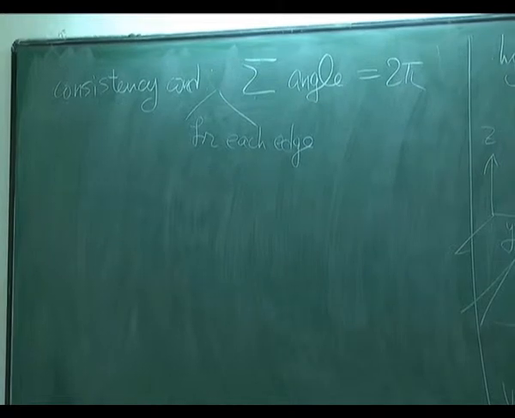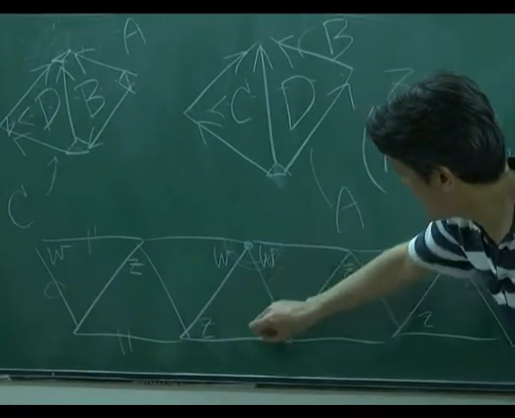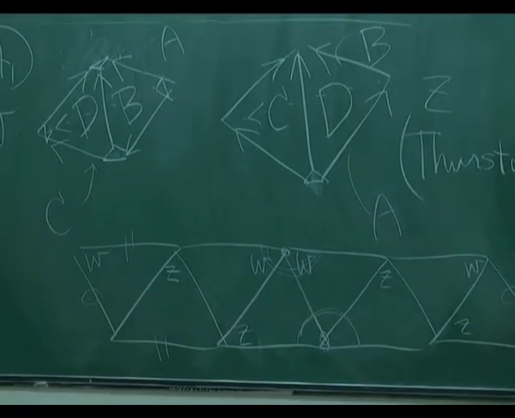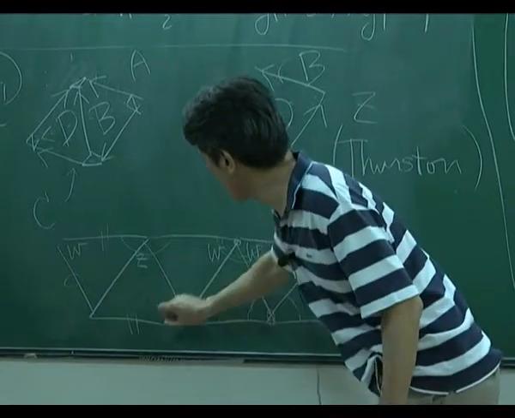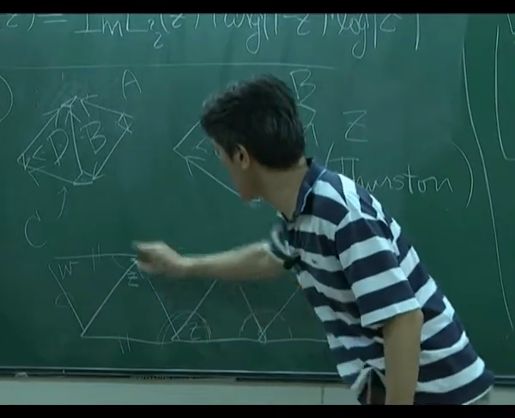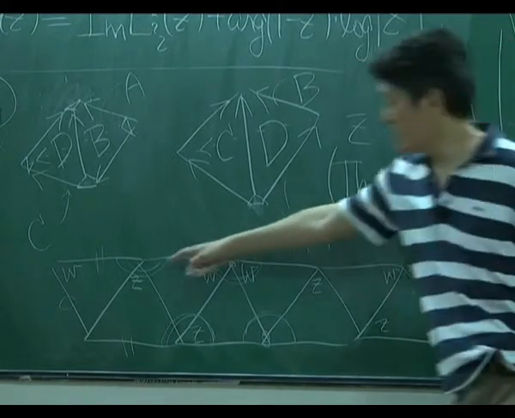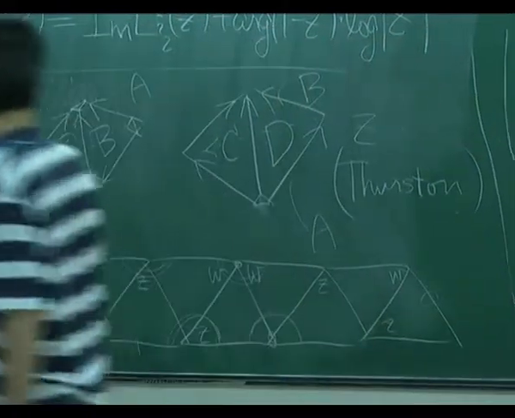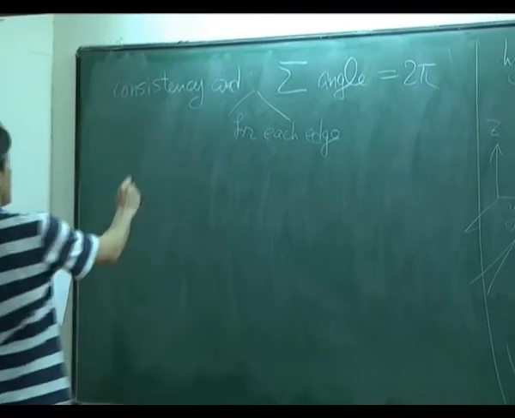So in this case, these vertices coincide with this one, so the product of these 6 dihedral angles must be unity. And also, the product of the 6 dihedral angles must be unity.